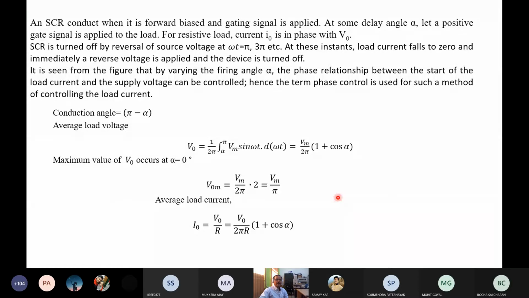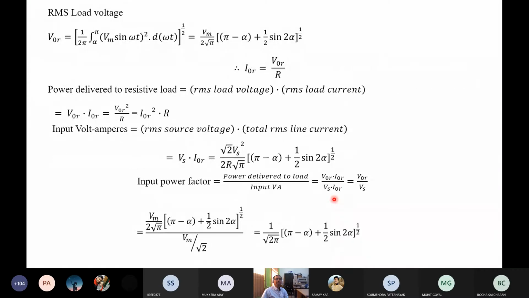Is it okay? RMS load voltage, you note down. There's no need to explain this, just note down.